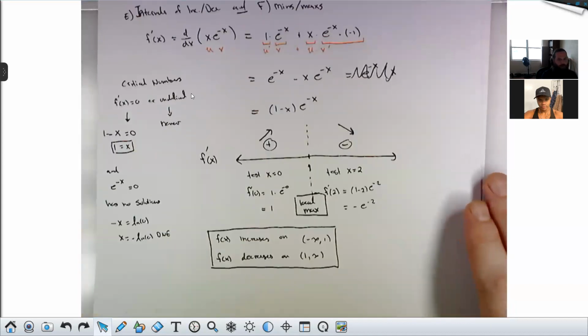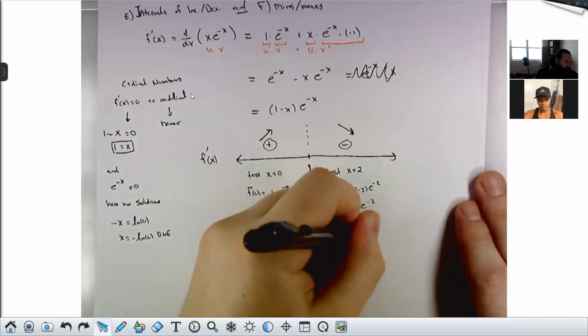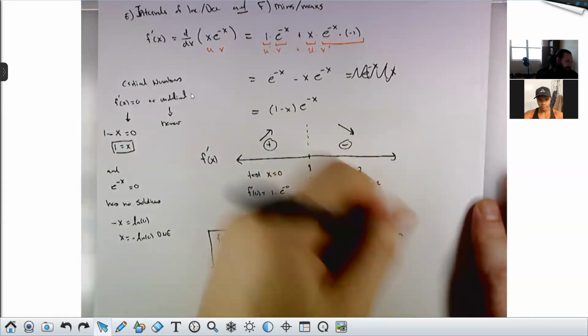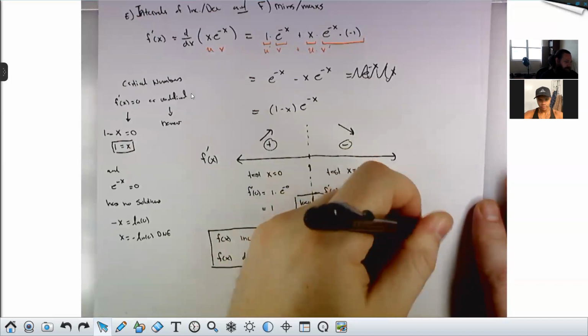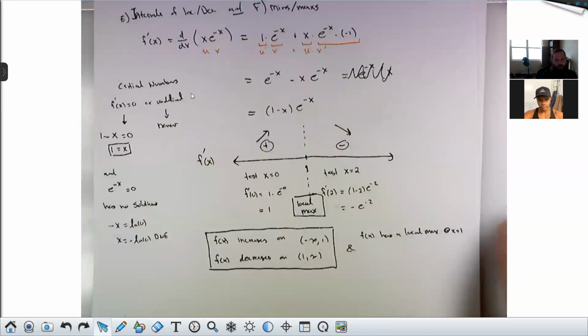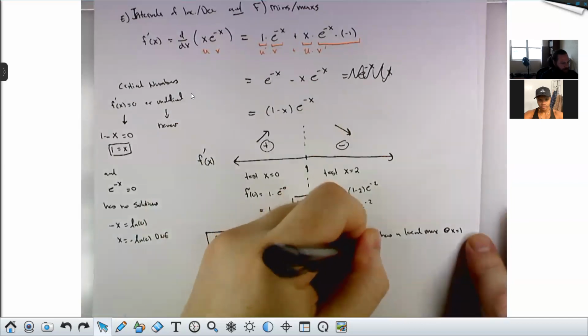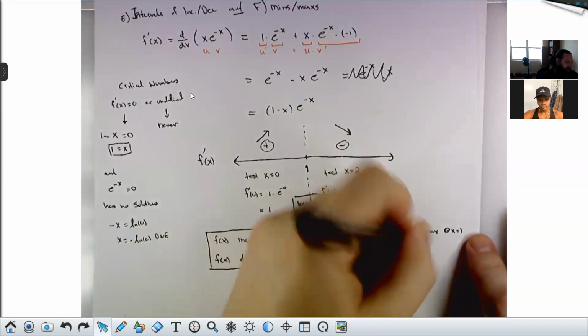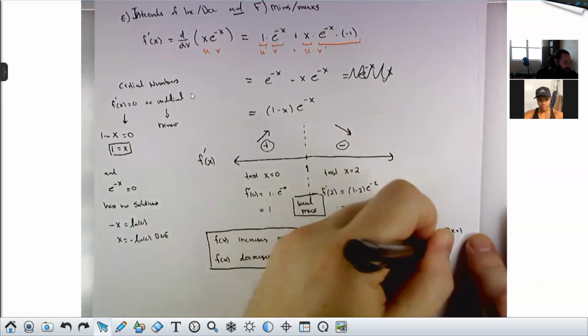So we have a local max at x equals 1, and we should find that local max value. The max value is f of 1.